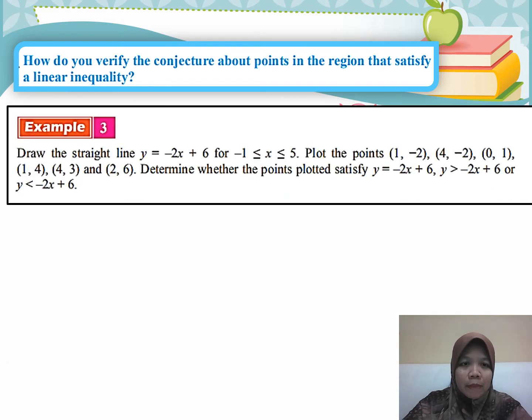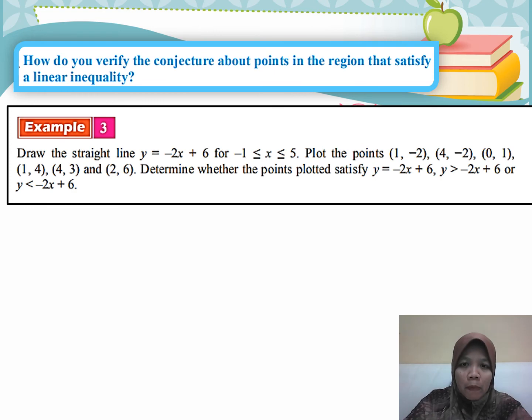Now look at example 3. Draw the straight line y equal to negative 2x plus 6 for the given range, for x greater than or equal to negative 1 and x less than or equal to 5.